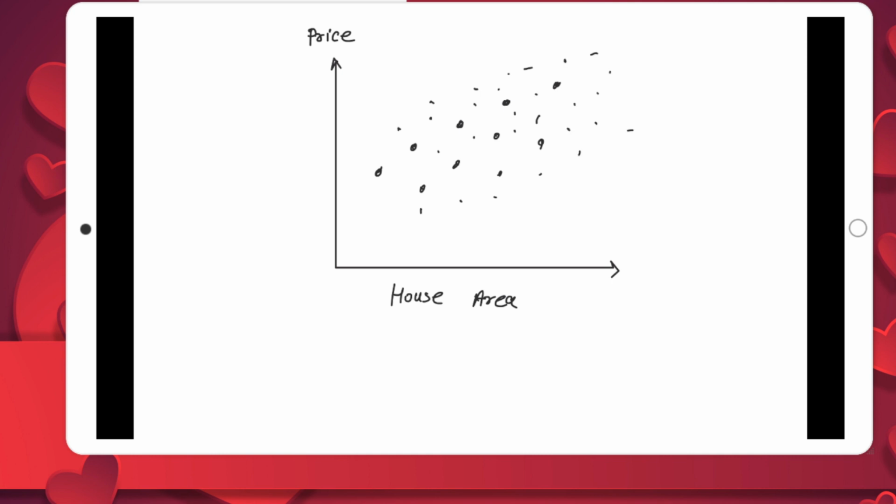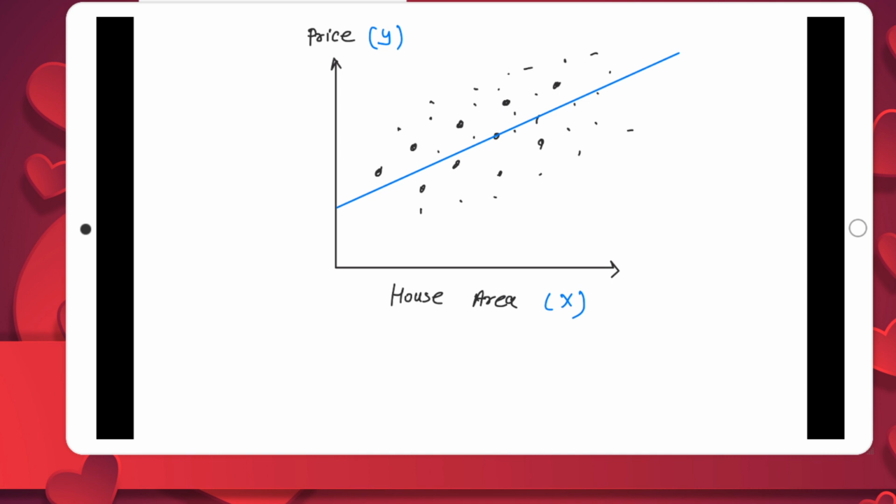All right, so let's say this is a random point, and then the task is to fit a linear line here which can predict the output. All right, so there could be some kind of relation between the house area and the price. The price is parameter y, and the house area is x here.